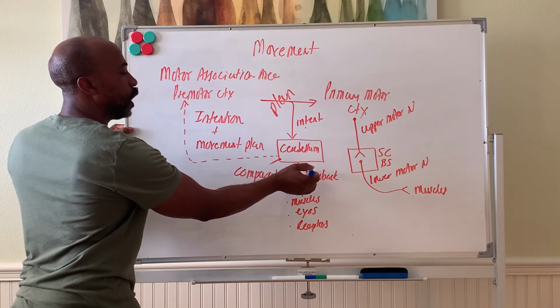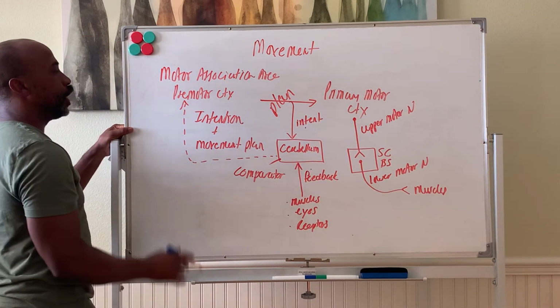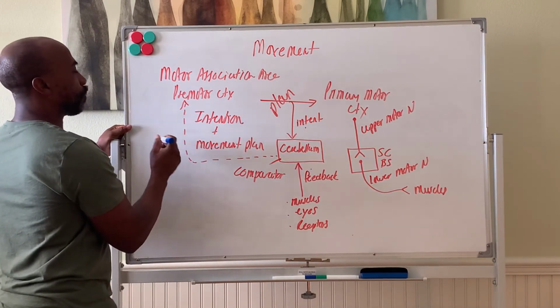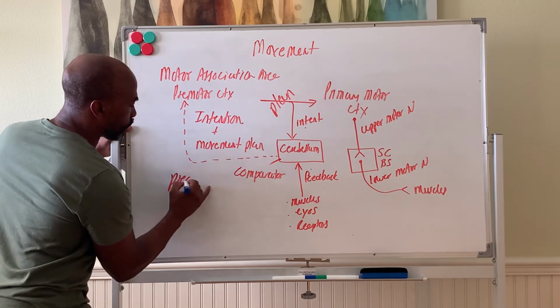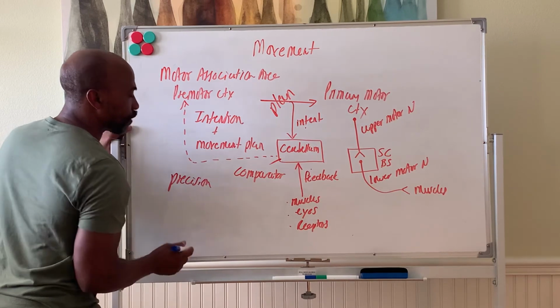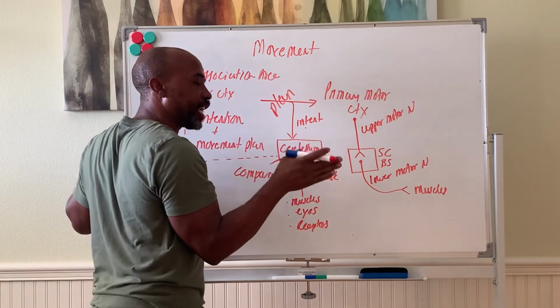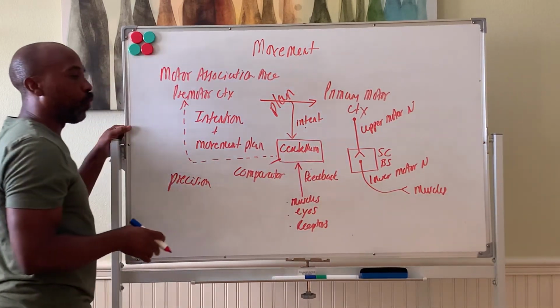Your intent will match with your action, okay? So this is how you get precision. Your cerebellum allows for precision of action. It allows for you to really be coordinated to match exactly what you're trying to do with what you're doing.